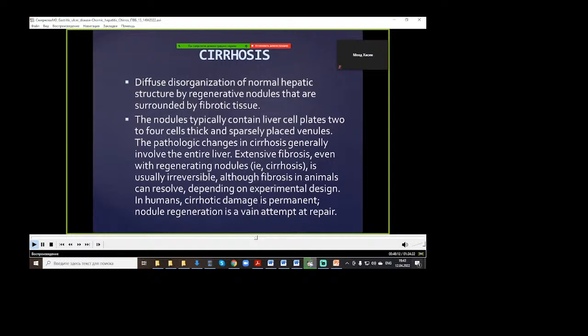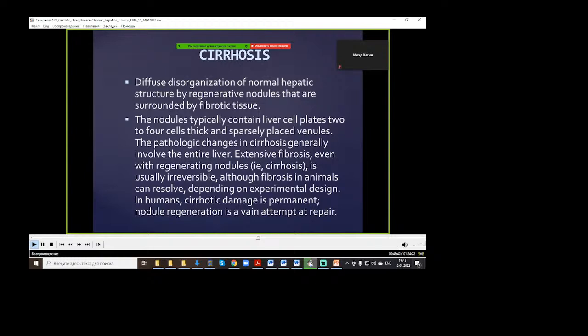Cirrhosis is diffuse disorganization of normal hepatic structure by regenerative nodules that are surrounded by fibrotic tissue. The nodules typically contain liver cell plates, 2 to 4 cells thick, and sparsely placed venules. The pathological changes in cirrhosis generally involve the entire liver.